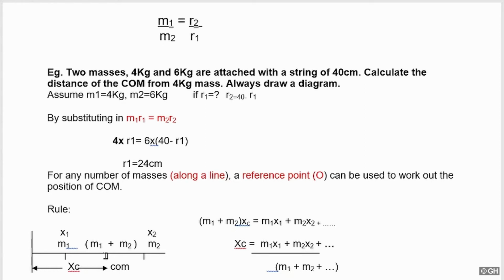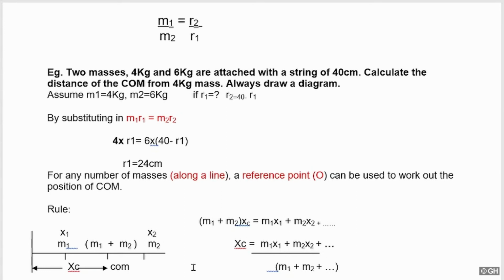So M1 plus M2 should be the total mass at the center of mass. The distance again from the reference point to the center of mass is xc. All right, so we have that situation. It's a very clear, very simple diagram.